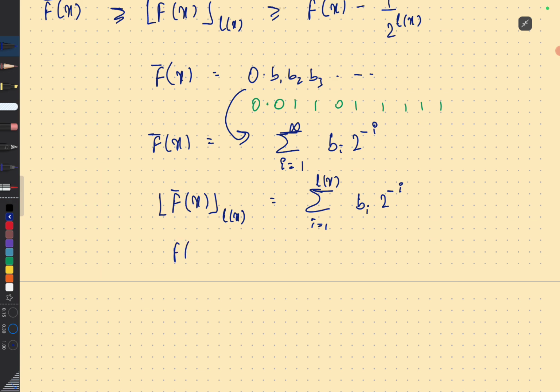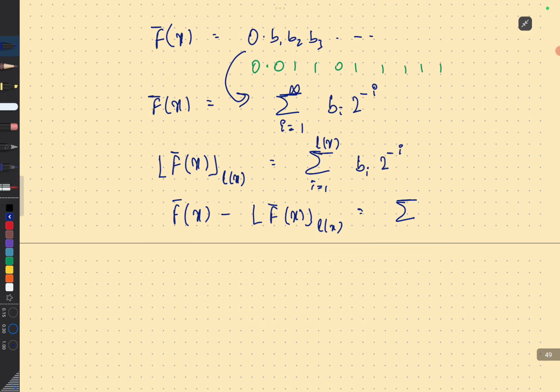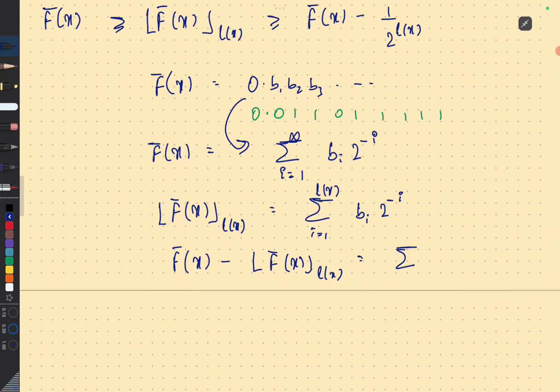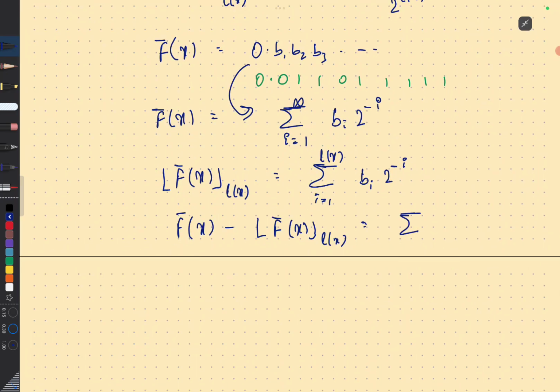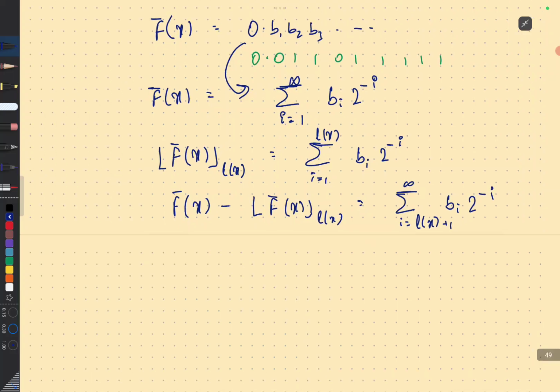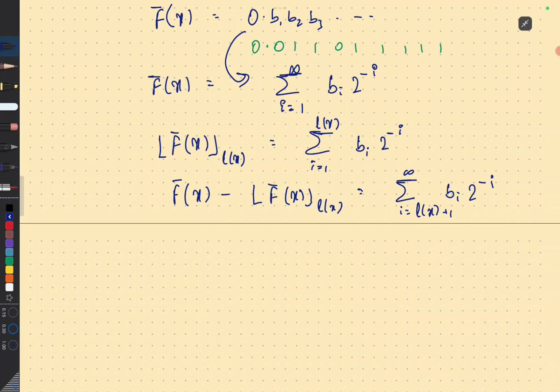So f bar of x minus the truncation is summation i equal to L of x plus 1 up to infinity b_i 2 to the power minus i.